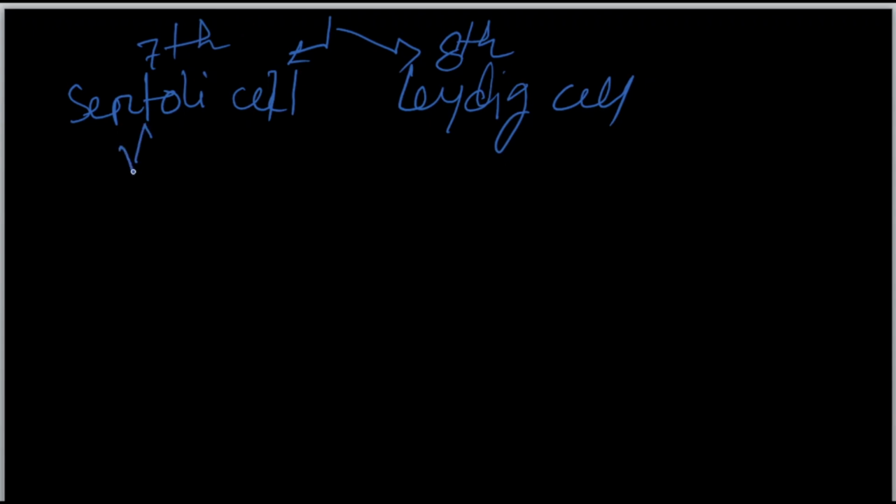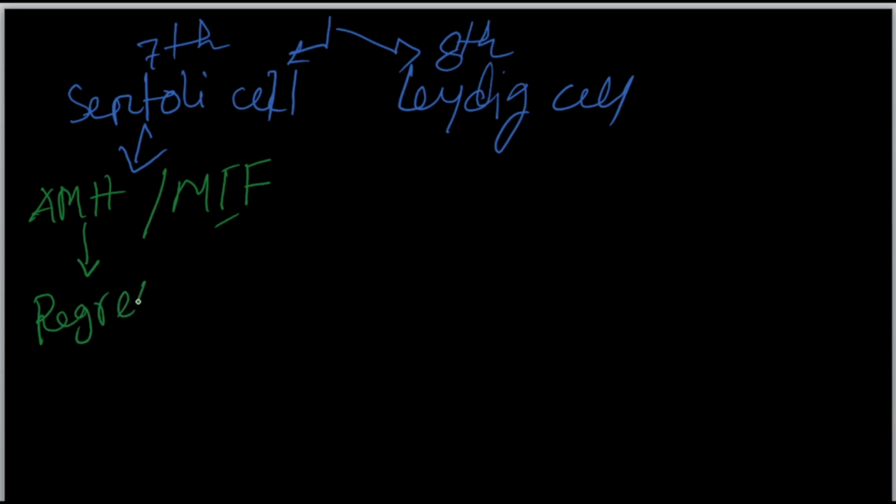The Sertoli cell produces an important hormone, anti-Mullerian hormone or Mullerian inhibitory factor. This causes regression of the female genital duct, that is, regression of the paramesonephric duct.